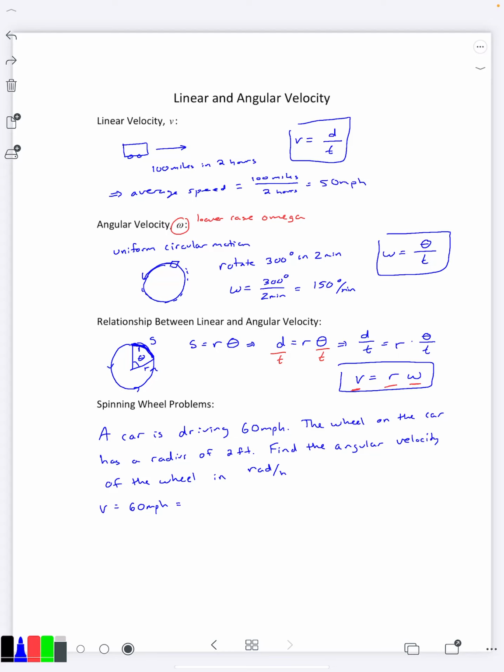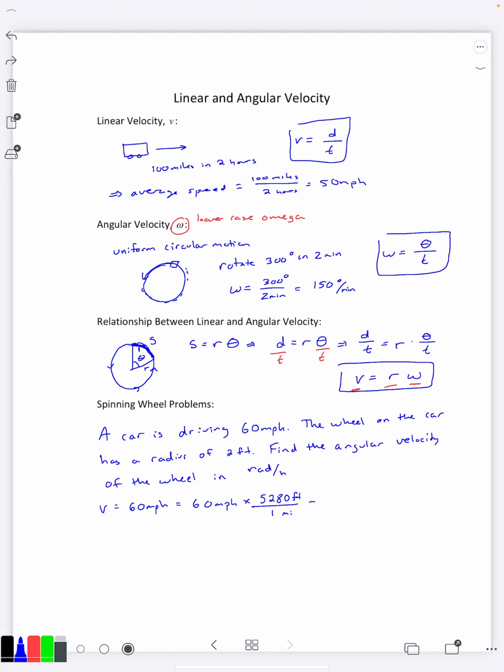I'm going to choose to convert the miles into feet, and I happen to know, and if you don't know you can look it up, that there are 5,280 feet in 1 mile.